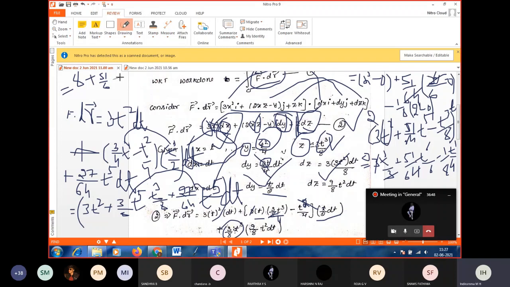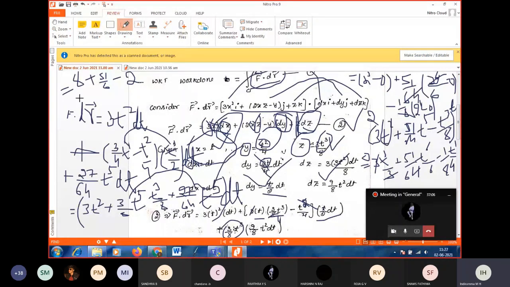Third term: 2 power 4. What is 2 power 4? 16. 16 by 8, 8 2s are 16. So that is minus 2. Is the third term minus 2?